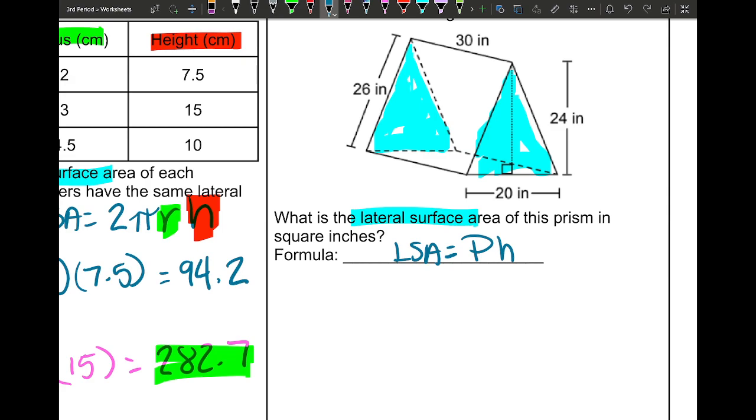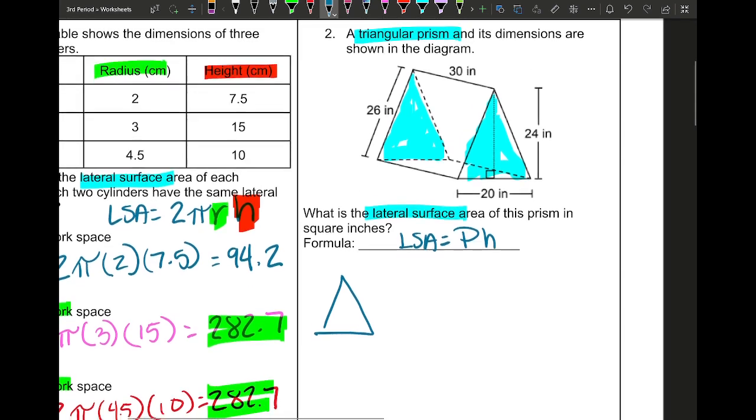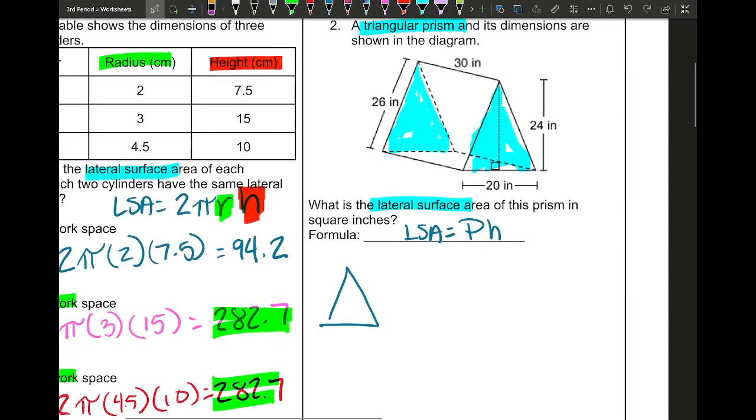So anytime you have something like this, I want you to draw the base on the side, and we're going to label all the numbers that we need. What is the bottom number that goes for the base only? 20. The left side? 26. And now notice that 24 is the distance from the bottom to the top.